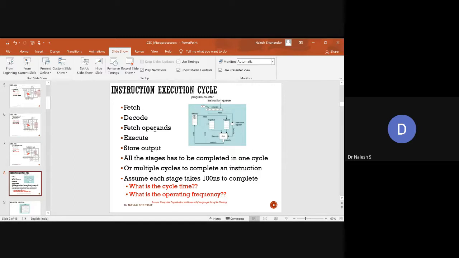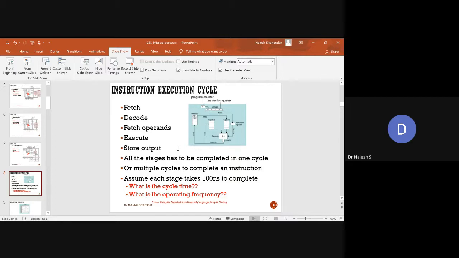So 5 stages means 500 nanoseconds is required to complete the instruction execution. And if you want all the operations to be completed in a cycle, it means that the cycle has to be 500 nanoseconds wide.